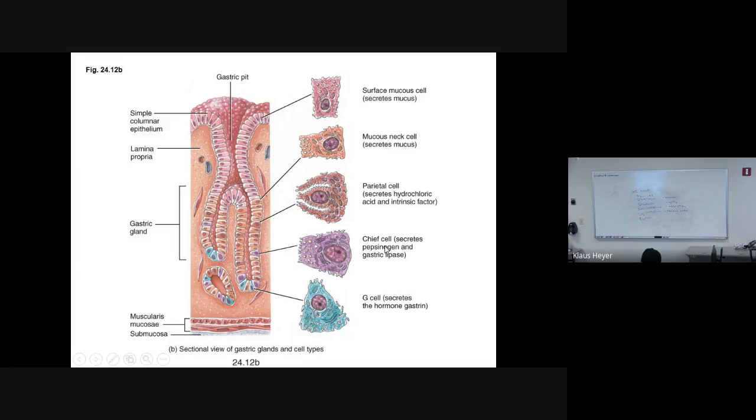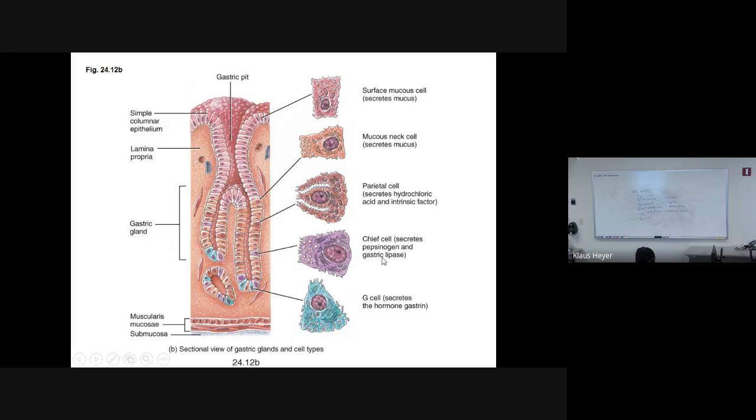OGEN is a precursor to an enzyme. So pepsin is the enzyme that breaks up proteins. But we have to make it inactive, because if you make an enzyme that breaks up proteins, that enzyme's going to turn around and break the cell up that made it. So you can't make it active, you have to make it inactive.